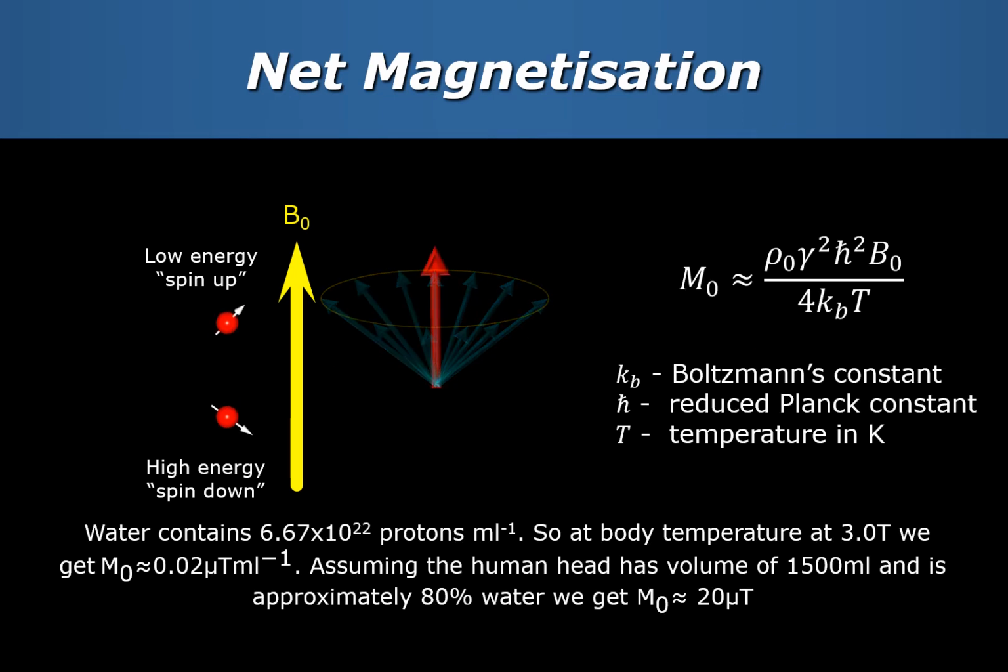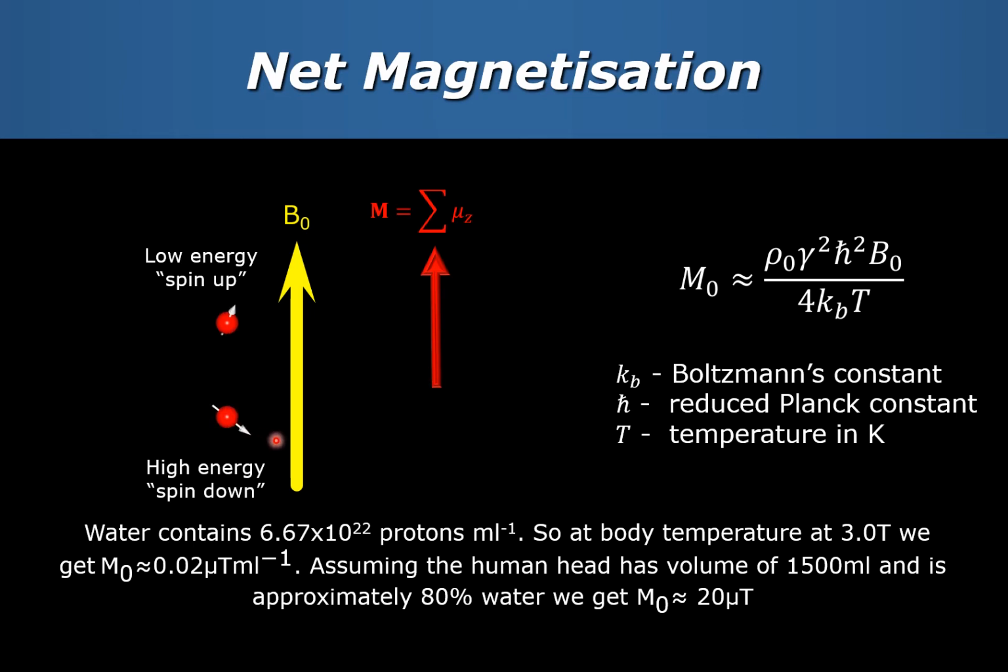So we lose the individual transverse components, and then all of the Z components we can just pull together, and this gives us our large net magnetization. And this equation gives us an approximate idea of how big that magnetization is. There are a number of fundamental constants in there that you can look up if you particularly wish to do that calculation yourself.